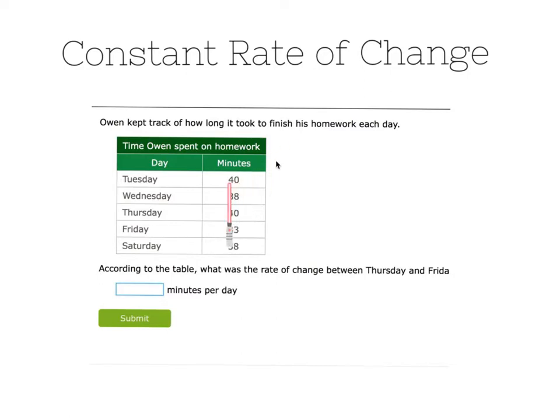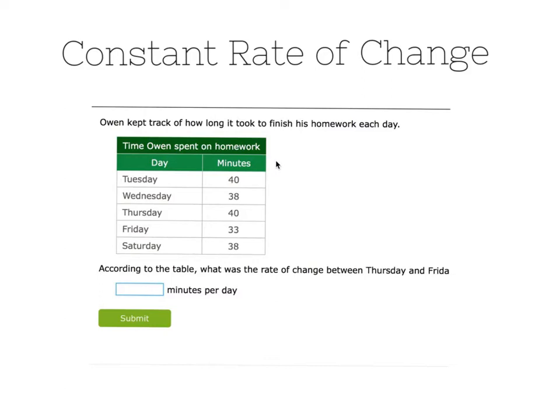We looked at the change between, say, Tuesday and Friday, and we said, if this much change happened in 3 days, let's divide by 3, and that's the average change per day. It didn't necessarily have to change by that much every time, but we found the average.